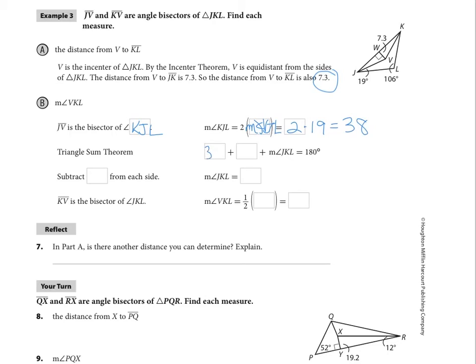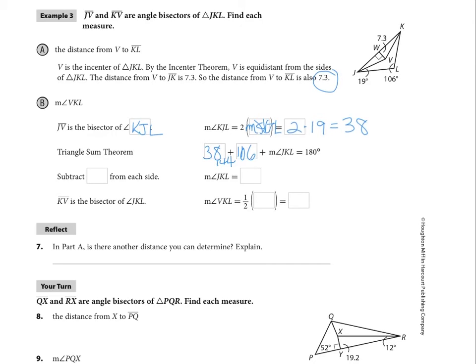And so 38 plus the angle that we know, which is the angle JLK of the triangle, which is 106. And that's 144 if we add that all up, plus the measure of angle JKL, this top angle that we have no knowledge of up here, okay? Triangle sum theorem says those three angles have to add up to 180.